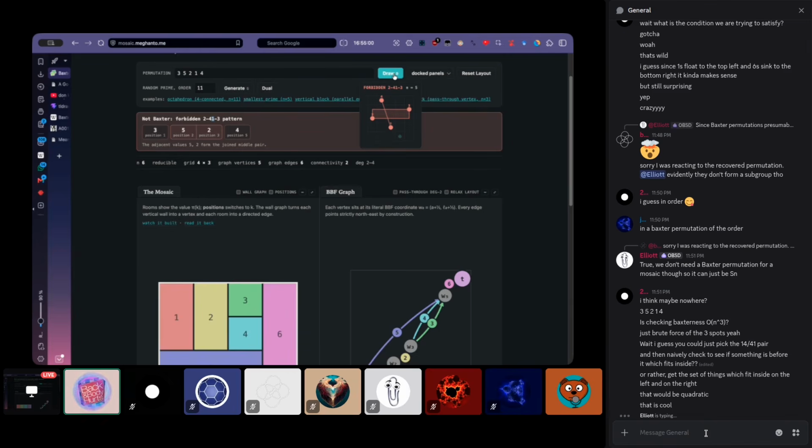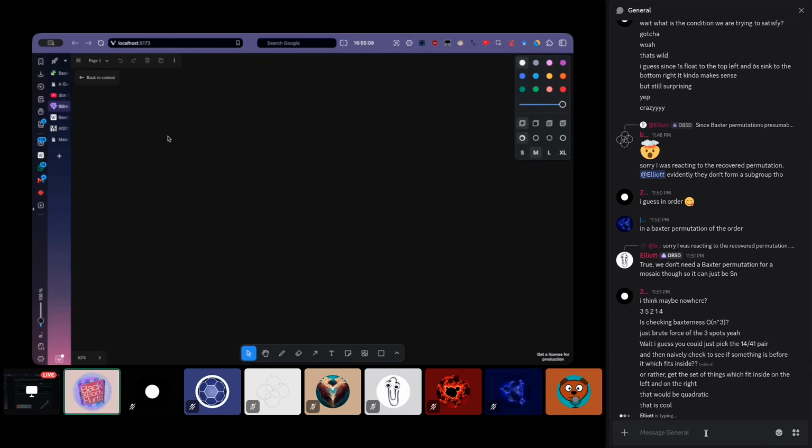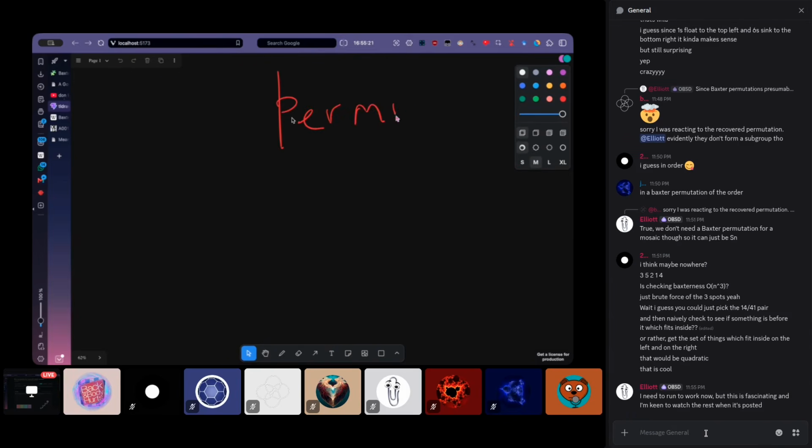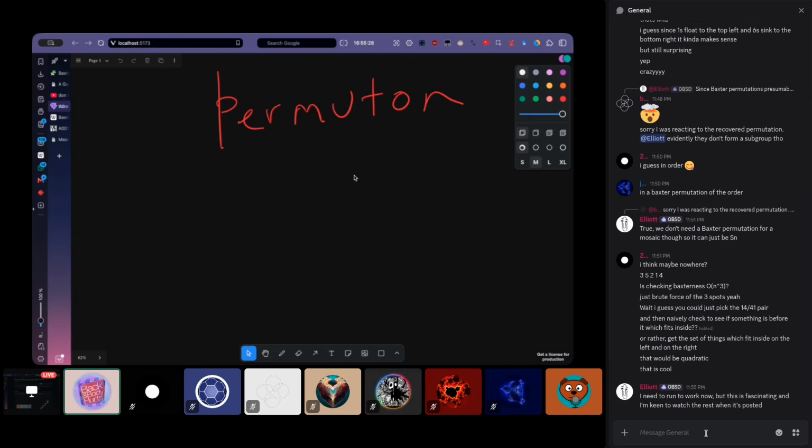Matrices are quite interesting because it goes into something called a permuton, which is basically a limit of permutations.